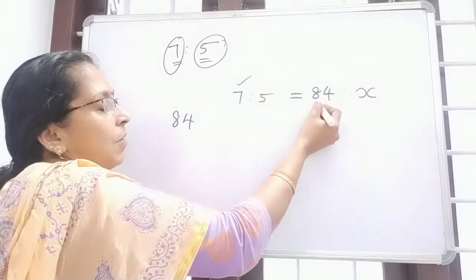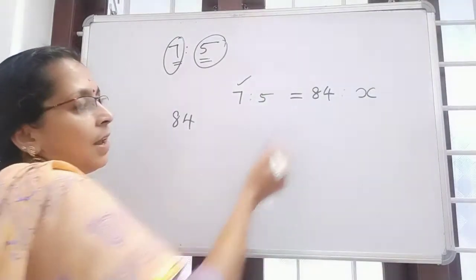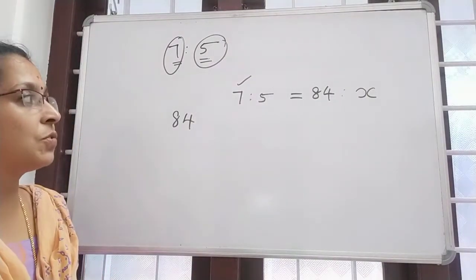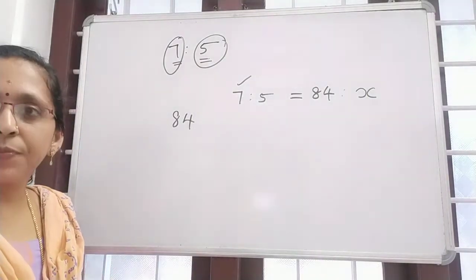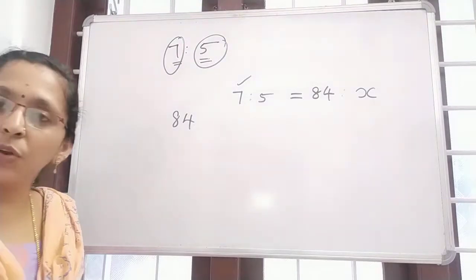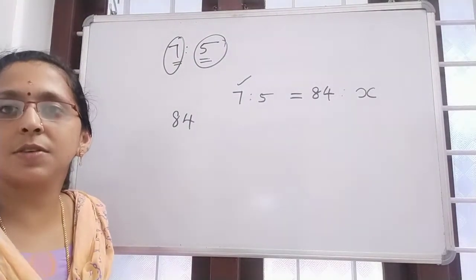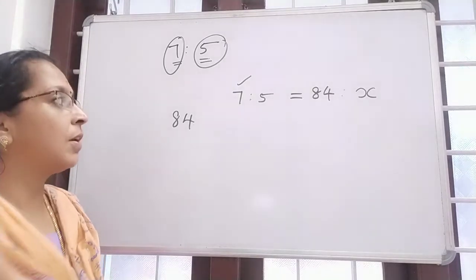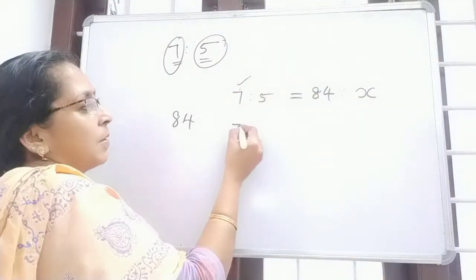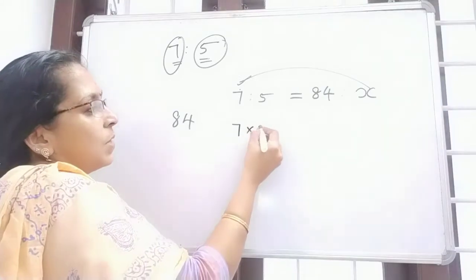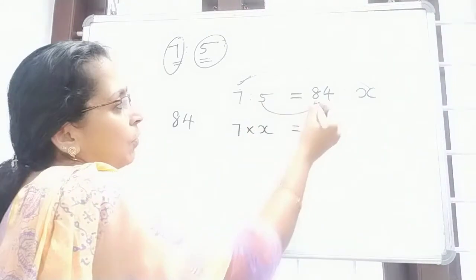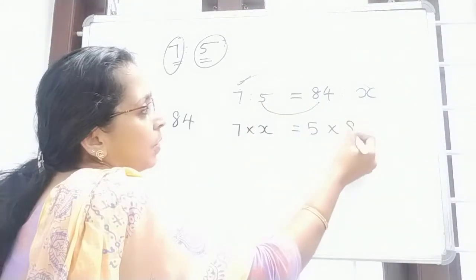It becomes 84. We don't know the new one. So we can write this way. 7:5 is equal to 84:x. We know if these two are equal, we can write product of extremes is equal to product of means. So 7 into x, product of extremes, is equal to product of means.